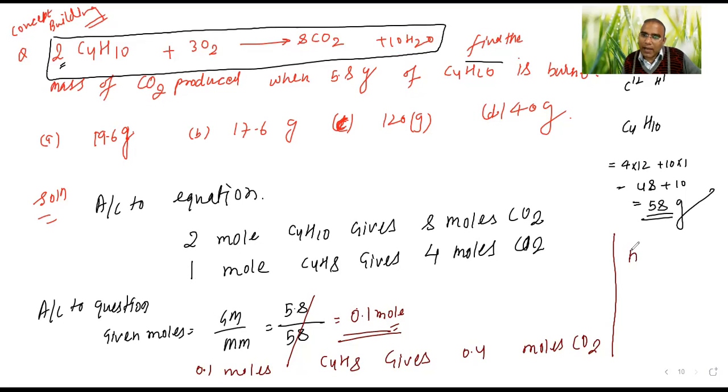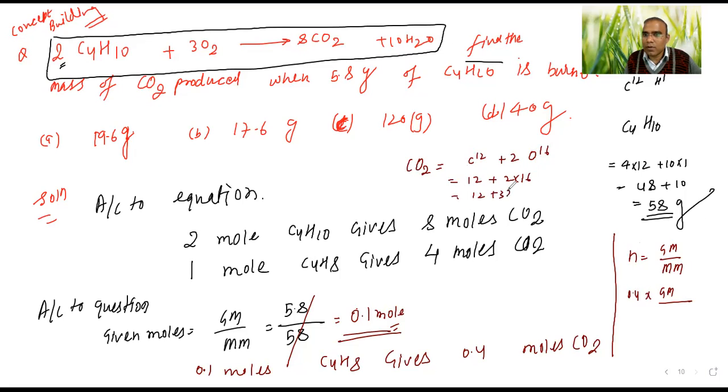So you can apply n is equal to given mass upon molar mass. The n value is 0.4, and they are asking given mass. Molar mass of CO2: carbon is 12 plus 2 into oxygen 16, so 12 plus 32, that is 44.